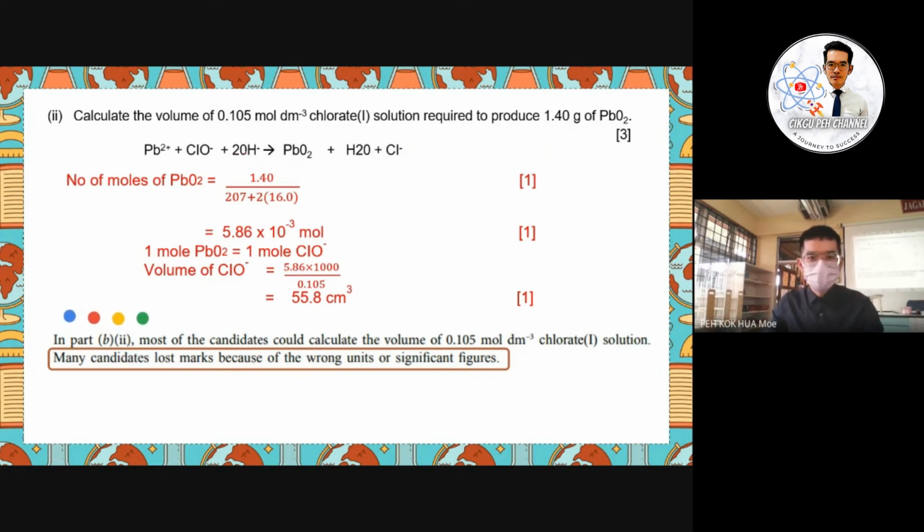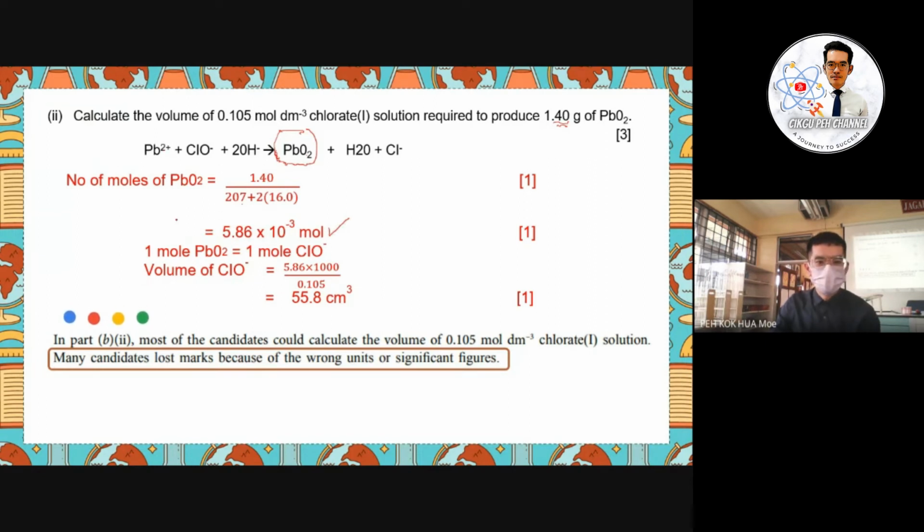From here, the number of moles of PbO2 will be 1.4 divided by the PbO2 molar mass, Pb 207, oxygen 16.0, which you get from the table. So you get 5.86 times 10 to the negative 3 mol.